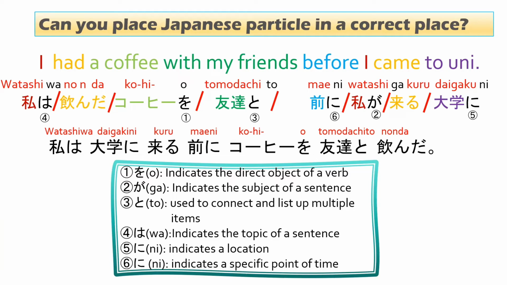But if you read 私は飲んだコーヒーを友達と前に私が来る大学に, it doesn't make sense, but for some Japanese maybe it does make sense, but it normally goes like 私は大学に来る前にコーヒーを友達と飲んだ。But this sentence can be in a different order.